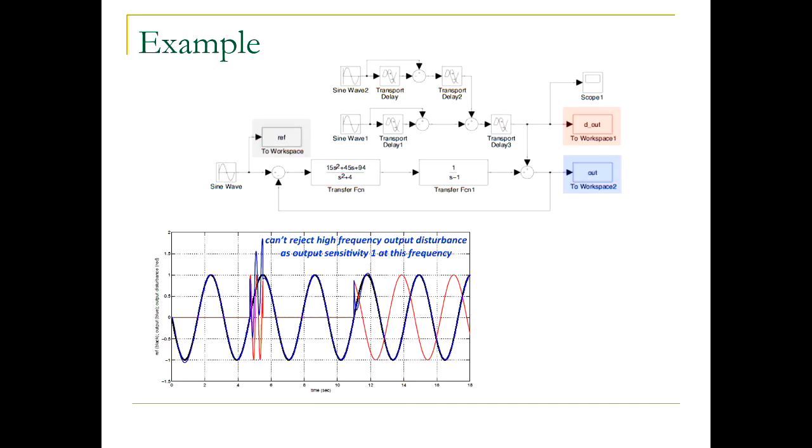So what you see here is that the controller is able to track references of frequency equal to 2 and also rejects disturbances of frequency 2. Note that the error between the thick blue line and thin blue line, in other words the reference output and true output, is 0 as we go on.